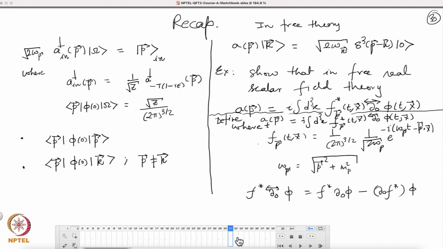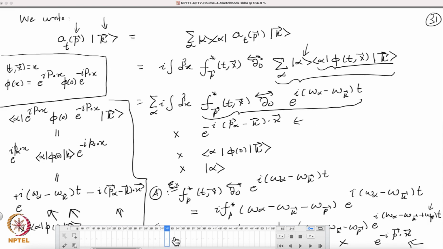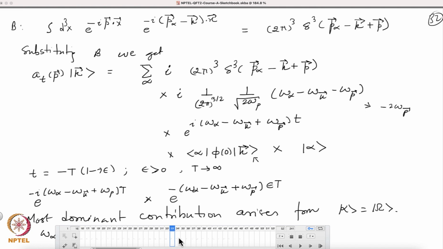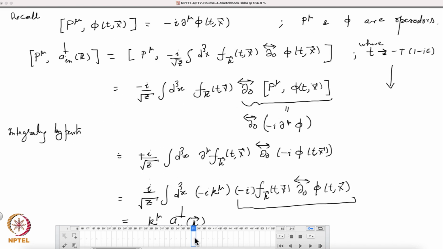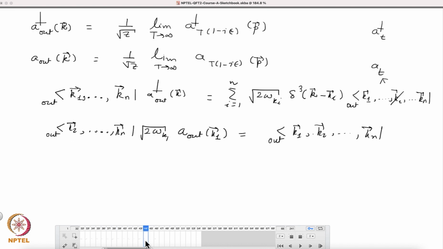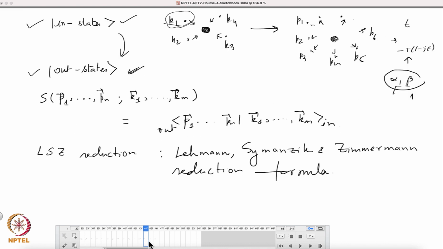Probably not. Yeah, a_p, define a_t. I had given an exercise, or I had shown. Let's check. Okay, I'm not finding it, so just hold on. Okay, I don't find it, so I'll just state that result.